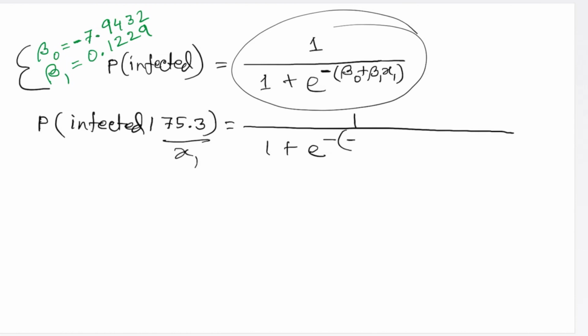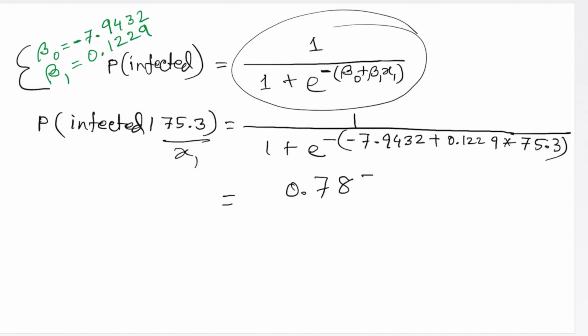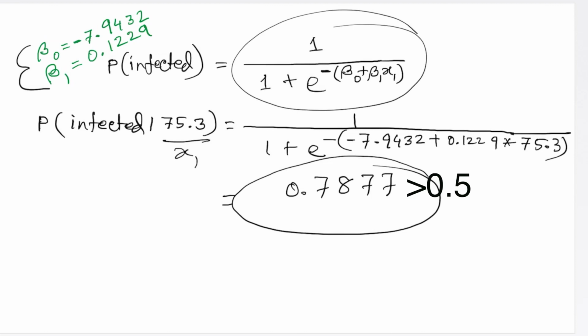Beta naught is negative 7.9432, beta 1 is 0.1229 and x1 is 75.3. The calculated value is 0.7877. Since this value is greater than 0.5, we consider this person as infected.